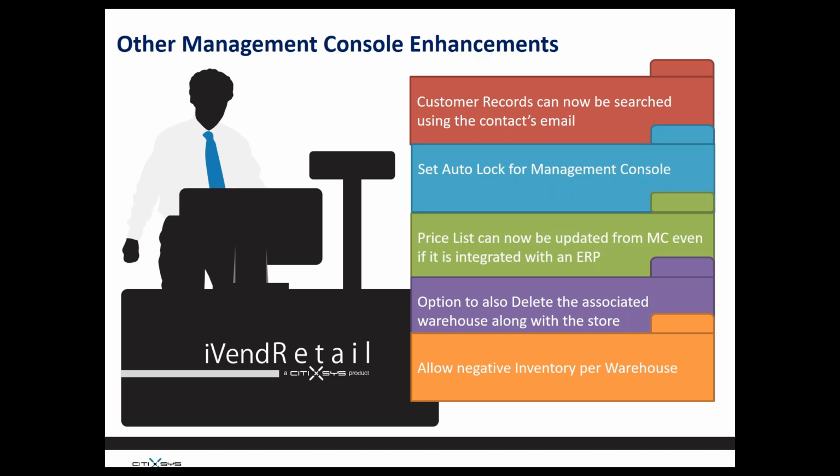So if we wanted to search the customer by the email defined at the contact data, we were not able to do it, but now we can do it. Since version 6.5 update 4, we are able to look for customers by the email defined at the contact level.